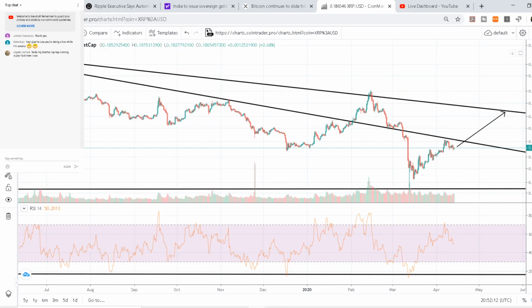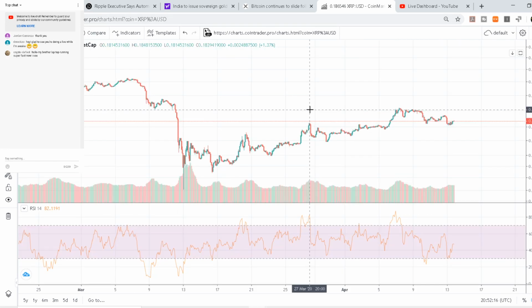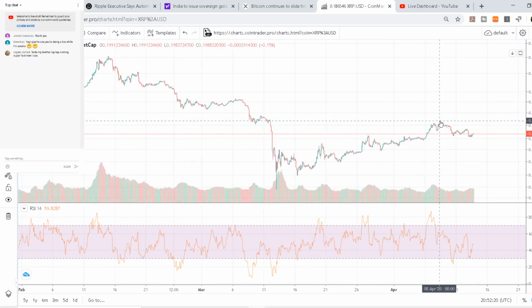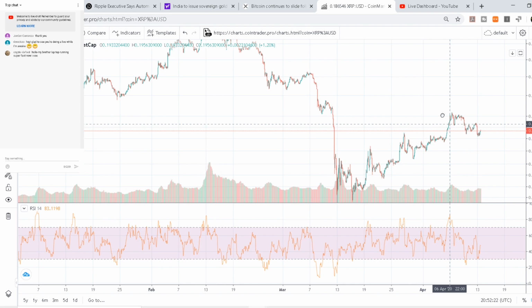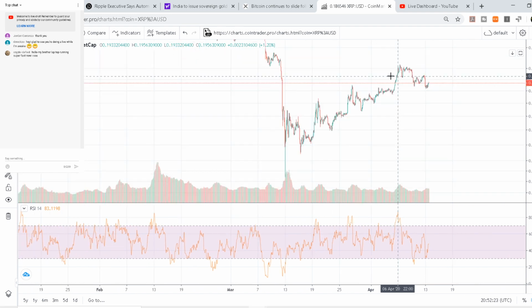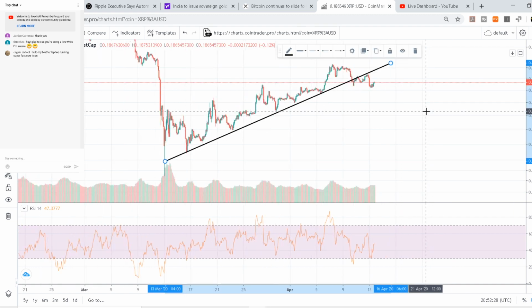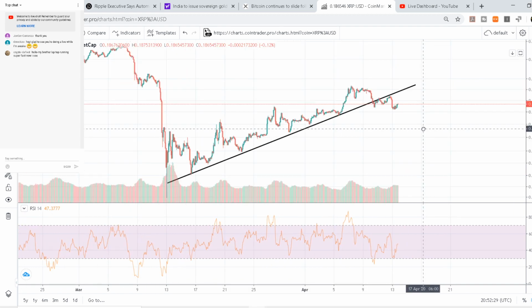So if we look at this, say we zoom in into a 2-hour chart of XRP, in the 2-hour chart we can see something similar to what we just talked about previously in the small cap altcoins. We are moving like this, and currently, as I told yesterday, the price hasn't reflected much from that point.